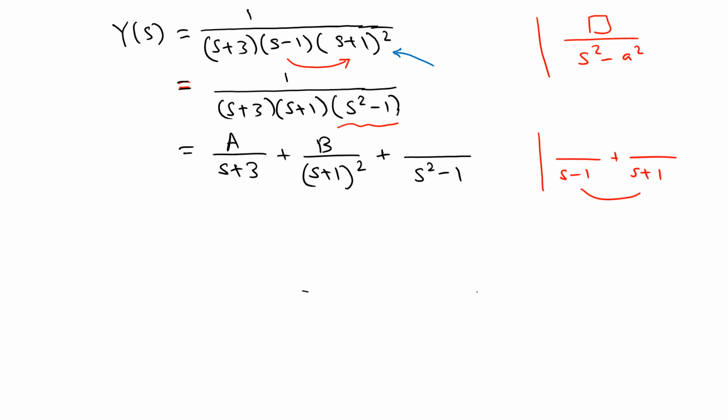Here we have s squared minus 1, and we don't know what the top looks like, so it is cs plus d. So this is the special partial fraction.